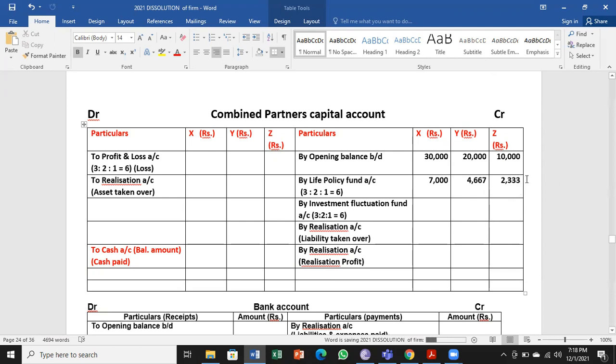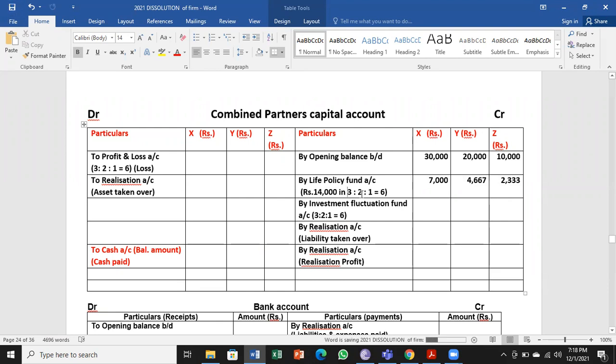So I am eliminating that because less than 0.5, I'm adding this to this. So if you add all the three, it should be 14,000. Remember. So you should not forget that what is the total amount.